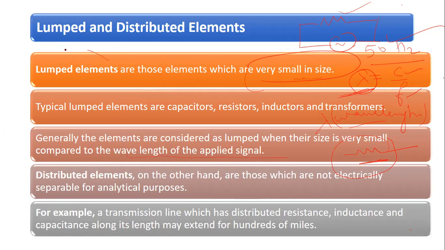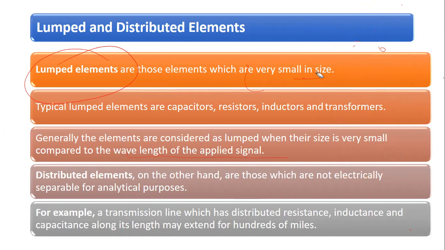So such elements are known as lumped elements, right? And when you can compare the size of the circuit element with the wavelength of the input signal, such elements are known as distributed elements.